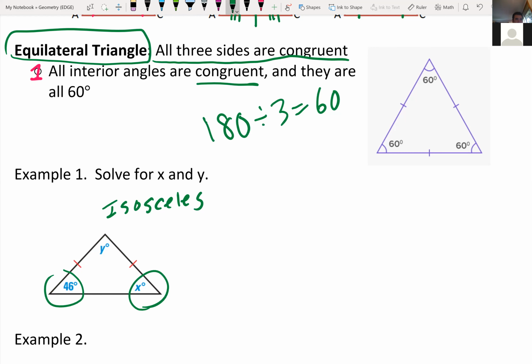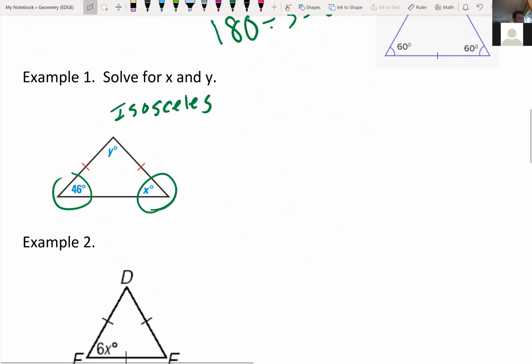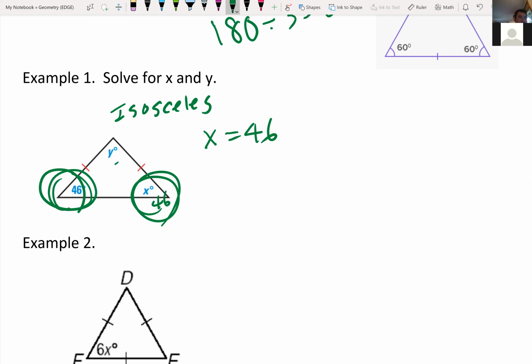Okay. So what do you know about the bottom 2 angles? They are the same. So what do you think x is going to be? X is 46. You don't really have to do anything because this side is 46. That means this side is also going to be 46. And if x is 46, what is y? How do you find y?